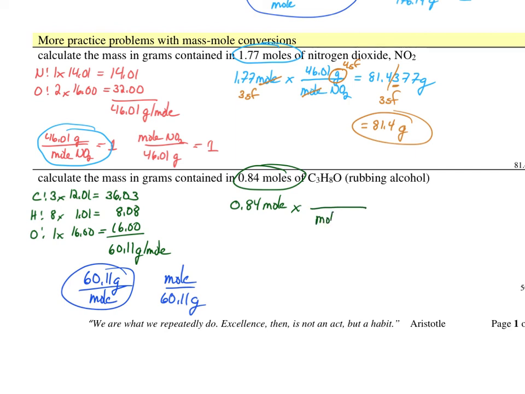So we know a mole is equivalent to 60.11 grams. This tells us we need to multiply 0.84 times 60.11. Our calculator answer is 50.4924. Units are grams.